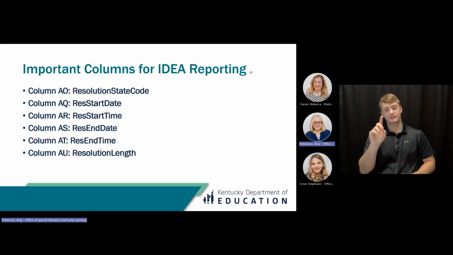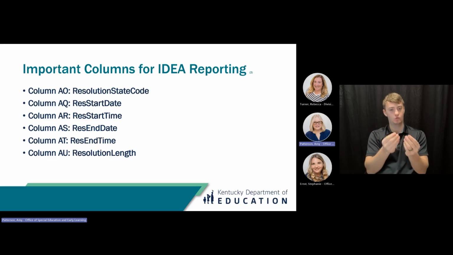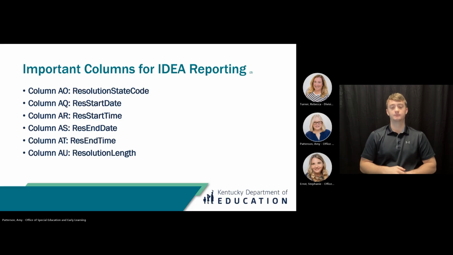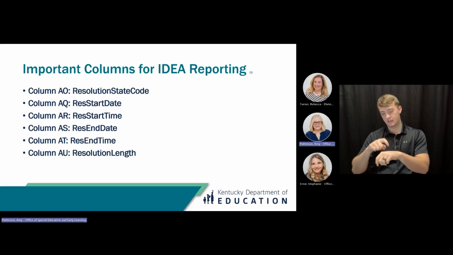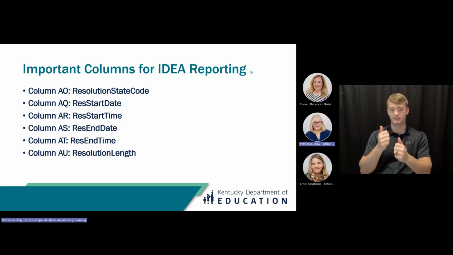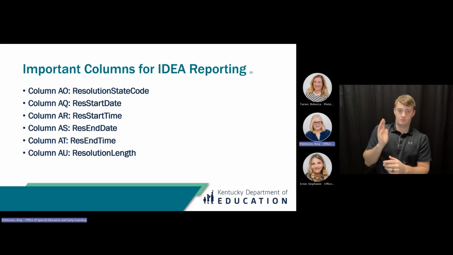And then these are the data that are specific to the resolution. We look at the resolution state code, the resolution start date, resolution start time, resolution end date, resolution end time, and then the resolution length, which is calculated based on the four previous bullets.